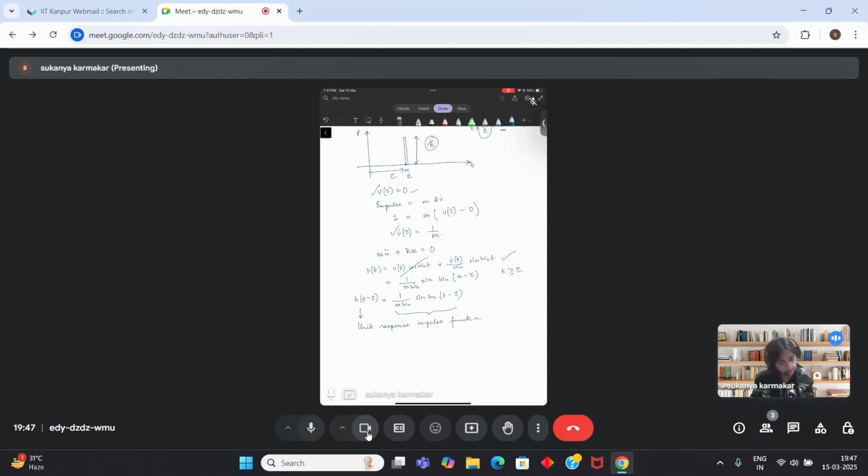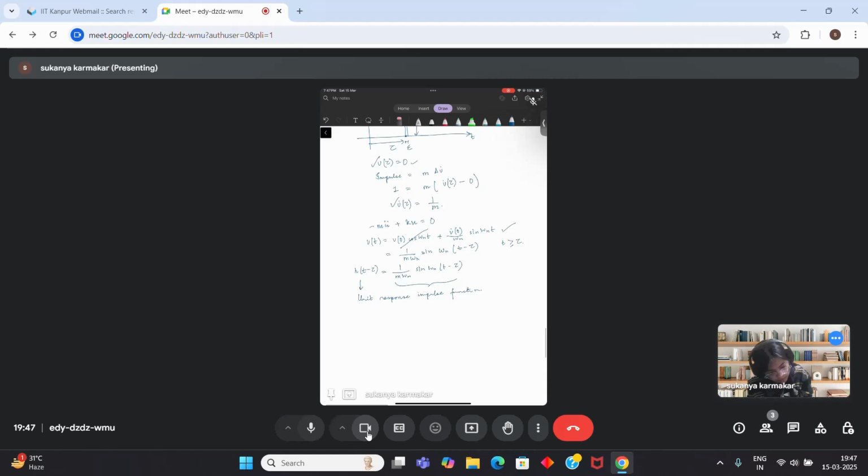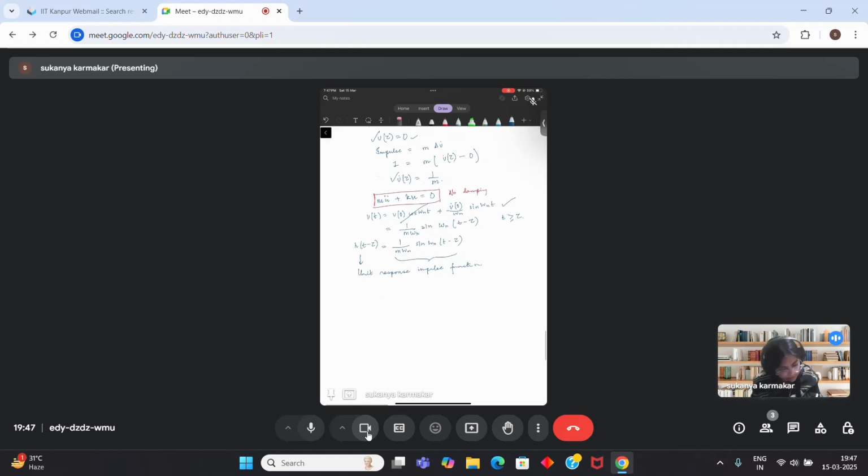Suppose there is damping present in the system, then you should start with m u double dot plus c u dot plus k u is equal to 0.